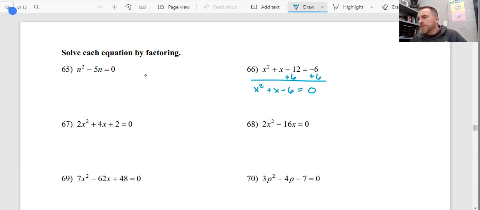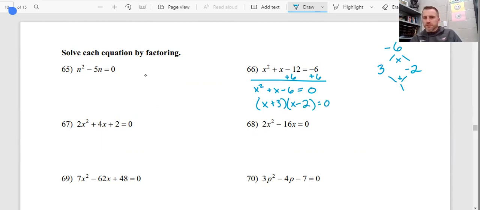So we do a times c, but a is 1. So a times c is just c, it's negative 6. We need factors of negative 6, so two numbers that multiply to be negative 6 that add up to 1. That would be positive 3 and negative 2. So we rewrite this as x plus 3 times x minus 2. Now that's factored, but it says solve by factoring.